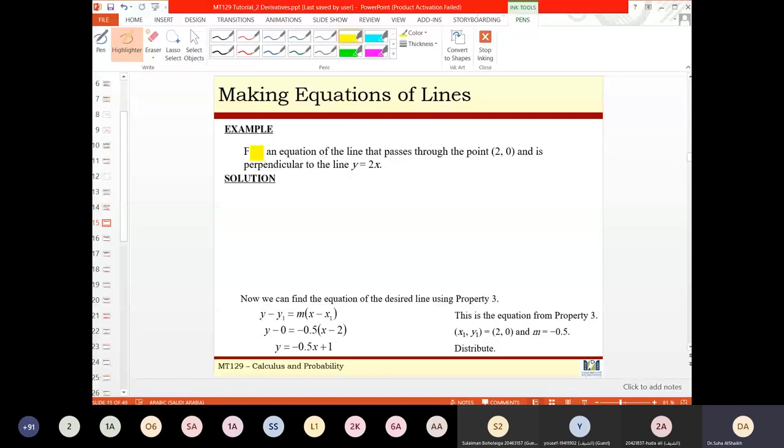One more example. Again, they want me to find the equation of a line, and they tell me that the line passes through the point 2, 0, and it is perpendicular to the line y equal to 2x. So they give me 2 pieces of information. The first is that I pass through the point 2, 0. The second is that my line is perpendicular to this line.